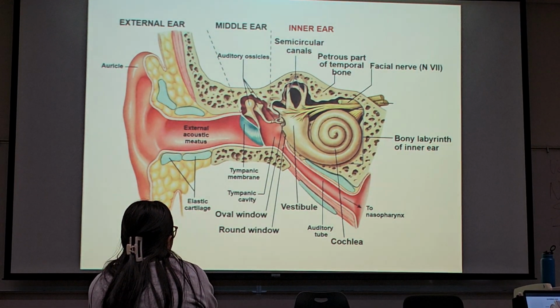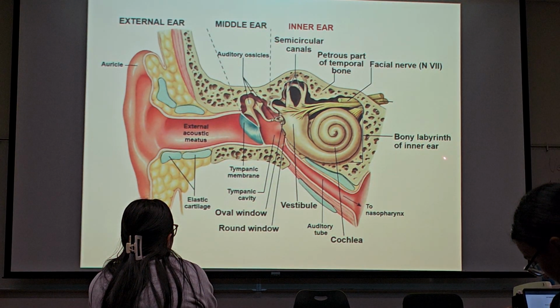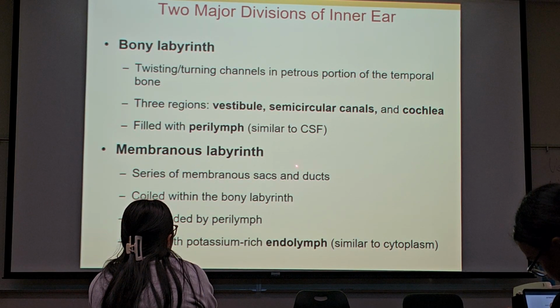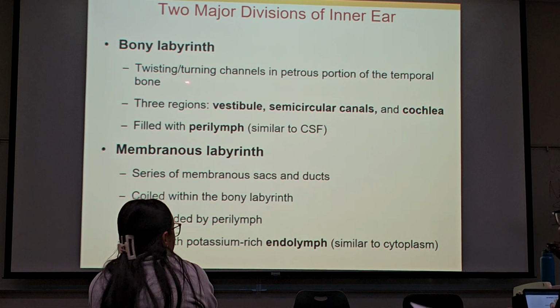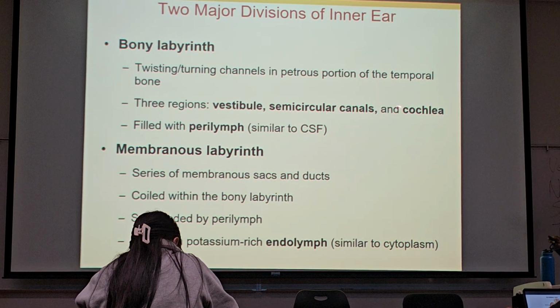This is devoted to hearing. So we're at the bony labyrinth of the inner ear. Inside of the bony labyrinth is the membranous labyrinth. The bony labyrinth is the vestibule with those semicircular canals and the cochlea.